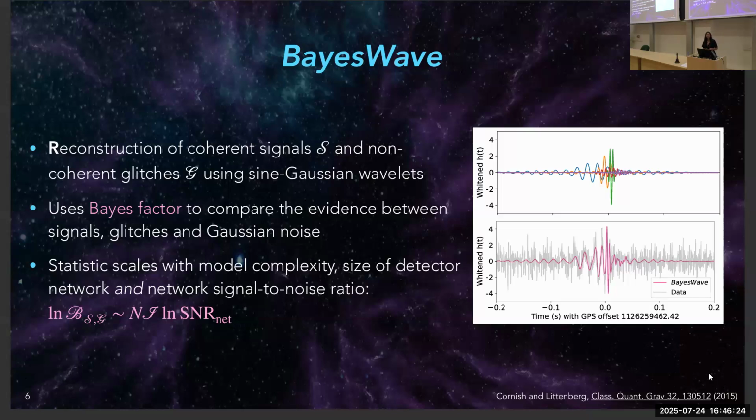And I would guess you would have to do the same thing if you start splitting the Bayes wave search into several frequency bands. You would have to take into account the fact that you are actually doing two searches when you compute the significance of an event, because you don't know a priori if your event is at low frequency or high frequency. Okay, I need to think about that. I don't have an answer for that for now.